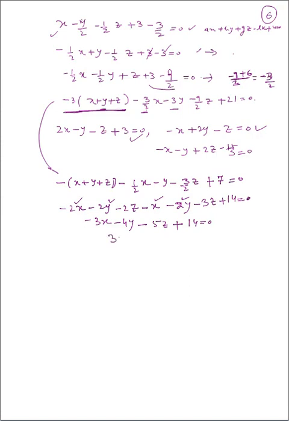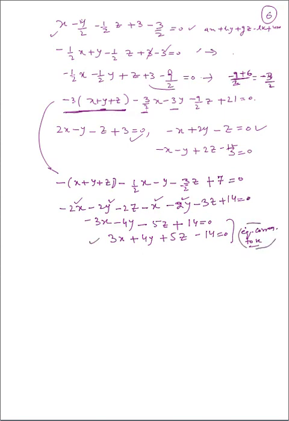So we can write down 3x plus 4y plus 5z minus 14 is equal to 0. So this is the equation corresponding to k. Okay, so we got this equation.